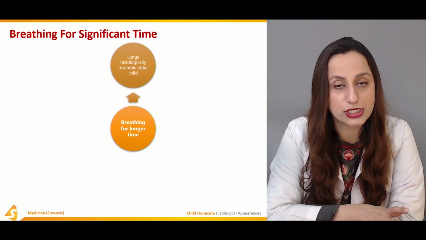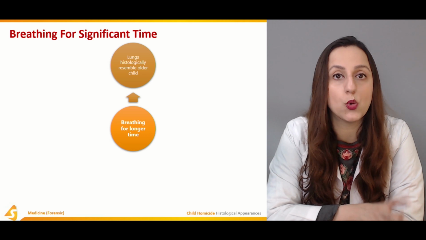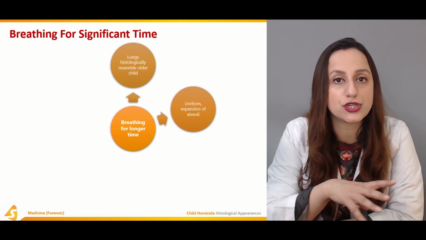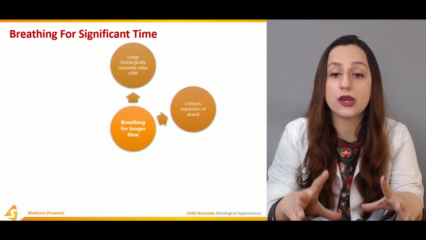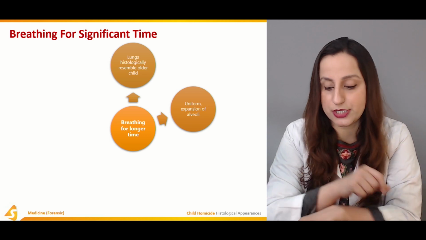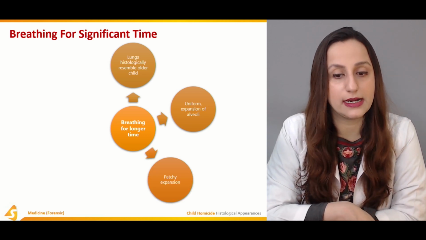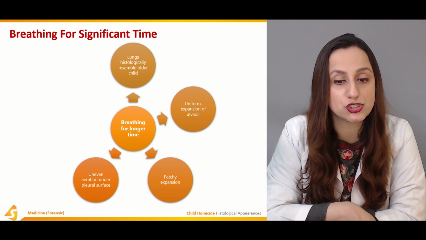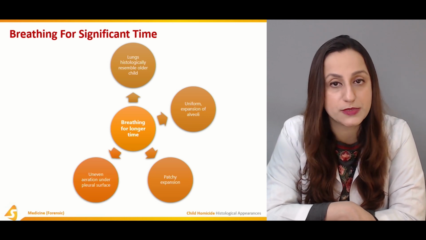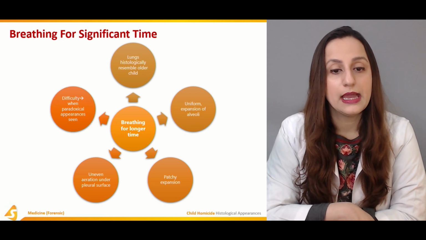The lungs are histologically examined and they resemble an older child's lungs. And so the texture, and there is going to be quite a uniform expansion of the alveoli. There is going to be a pinkish discoloration of the lungs. There is going to be a patchy expansion of the lungs, and an uneven aeration under the pleural surface is also observed in such cases.